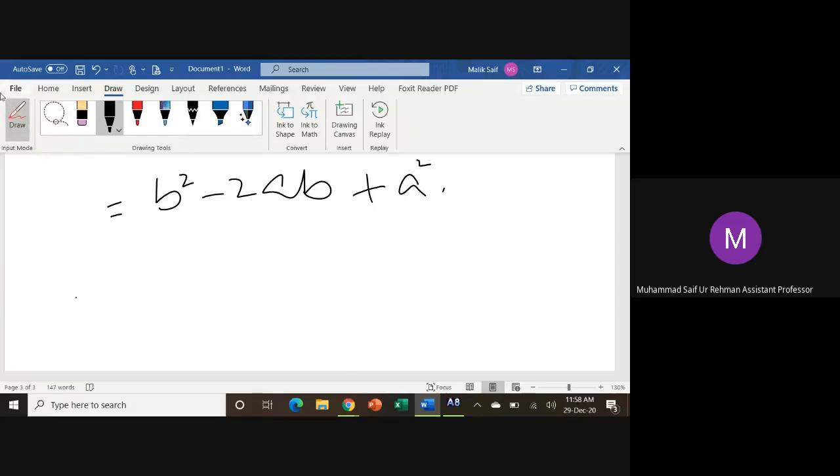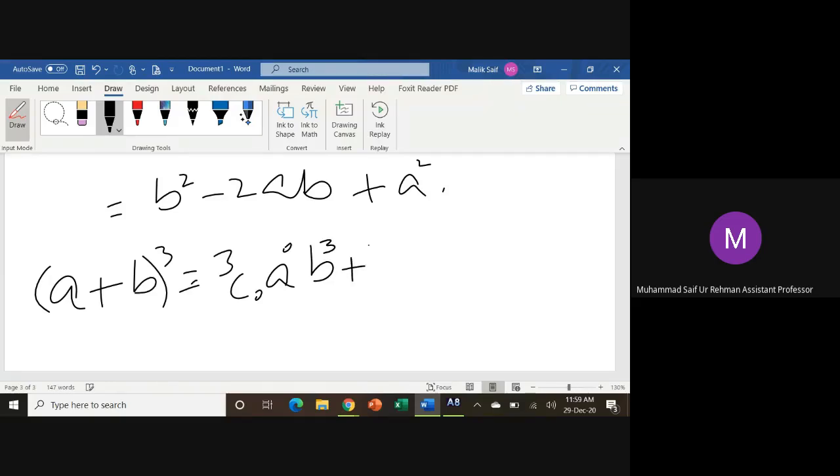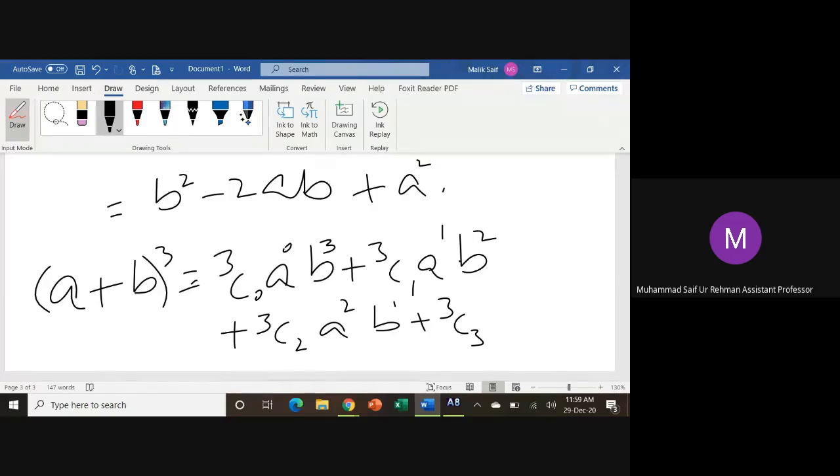Fine. Similarly, if you are interested in finding out (a plus b) cube, so you can solve it as 3c0. You will start from 0, 3c0, a power 0, and b power 3 minus 0, that will be 3, plus 3c1, a power 1, b power 3 minus 1, 2, plus 3c2, a power 2, b power 3 minus 2, 1, plus you will write down the final term as 3c3, as you wrote in the previous case.